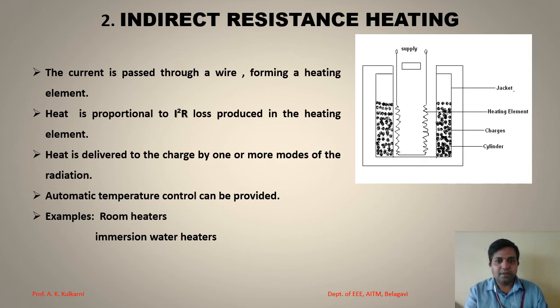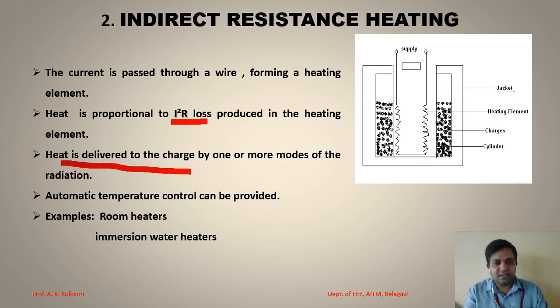Due to the presence of resistance, we are going to have I square R loss. So I square R loss will be produced in the heating element, and due to this loss, the heating element will produce heat energy.